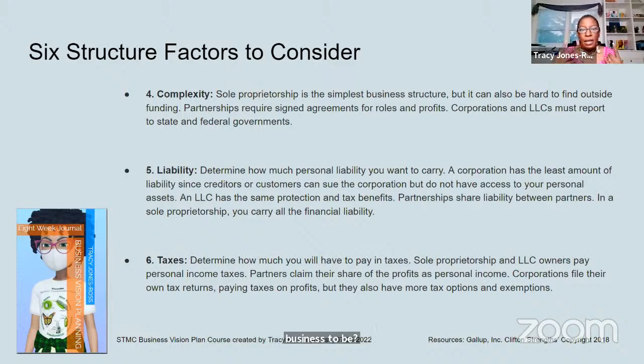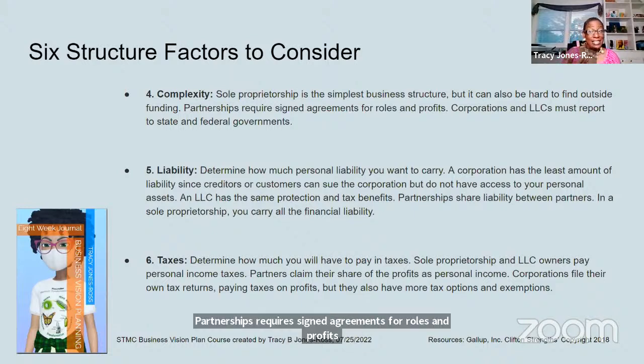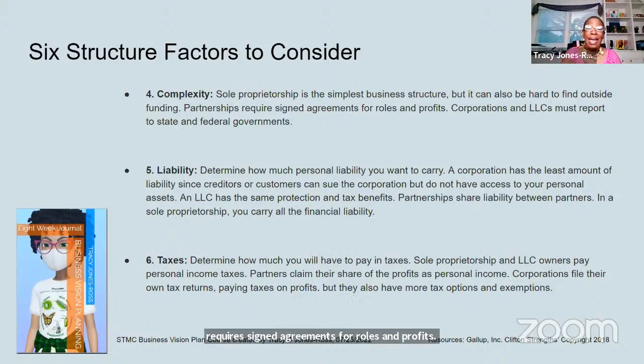A sole proprietorship is a simple business structure, but it can be hard to find outside funding. Partnerships require signed agreements for roles and profits. Corporations and LLCs must report to the state and federal government. So you see, that has a lot of intricate parts that we have to contact and keep track of.